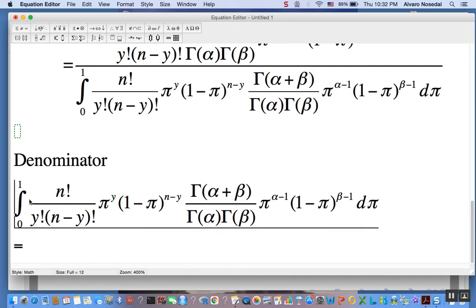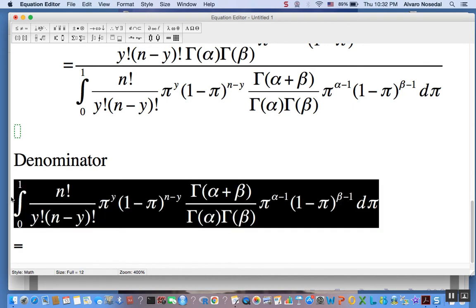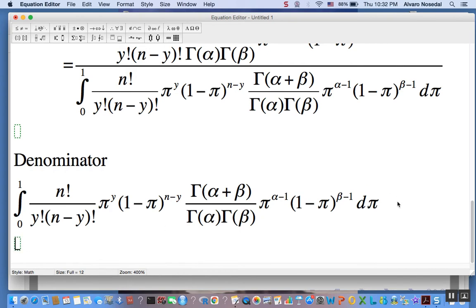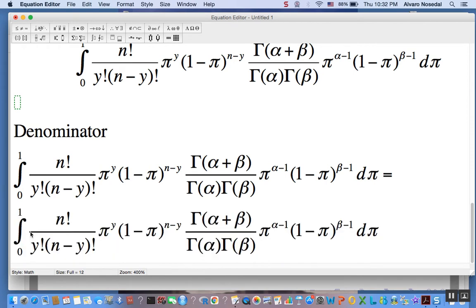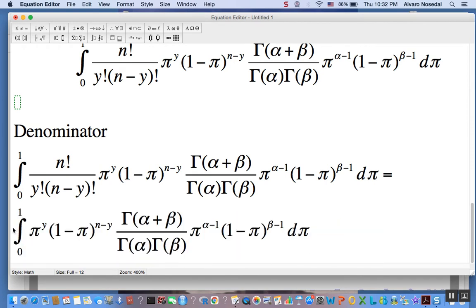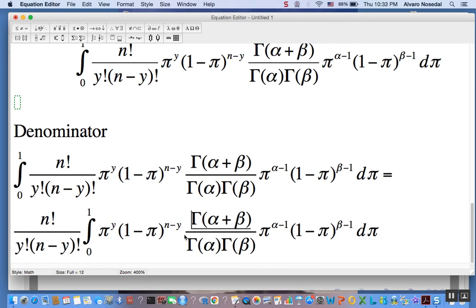So let's do that. Let me place these guys here outside our integral.